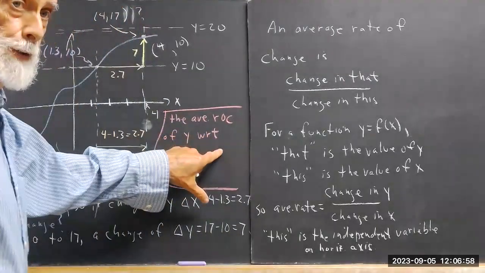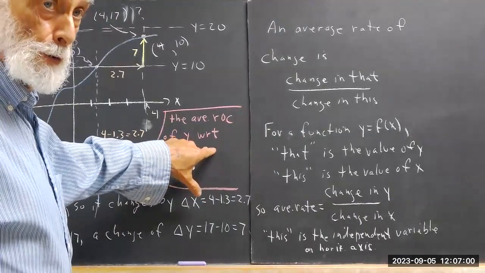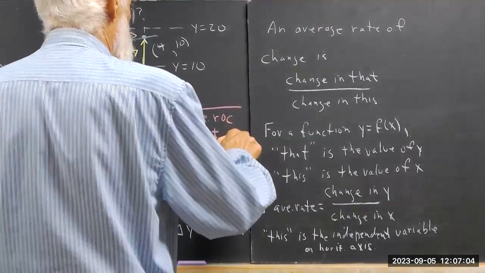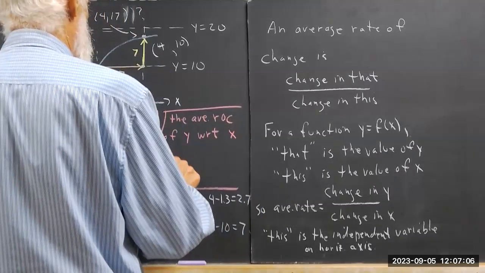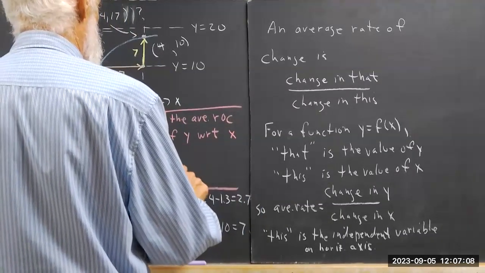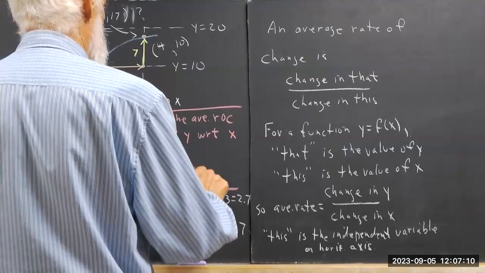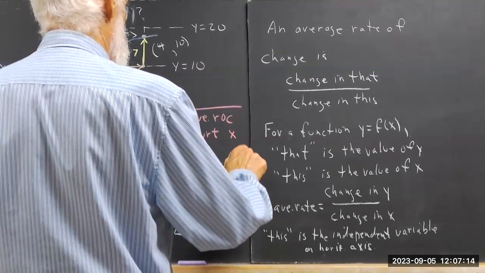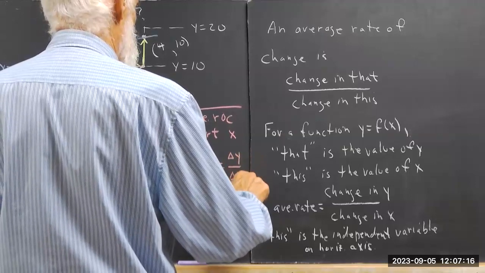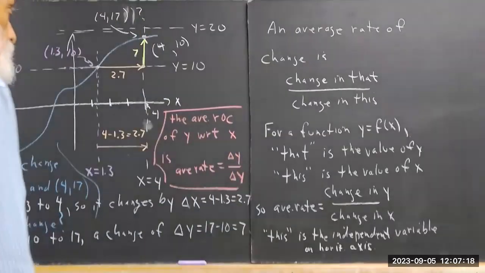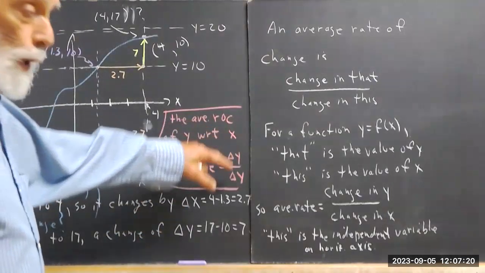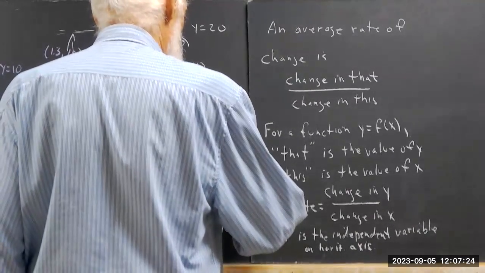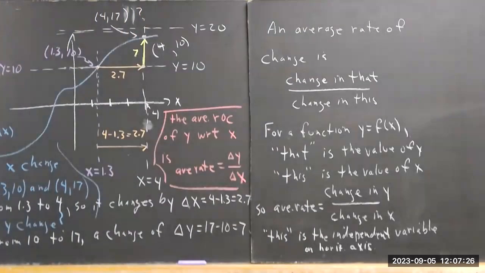And WRT stands for with respect to. And it's change in y divided by change in x. That x looked an awful lot like the y, didn't it? Okay.